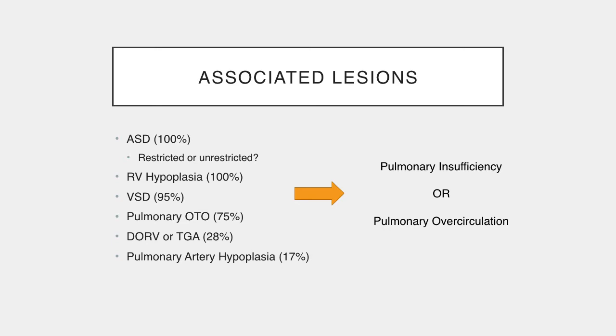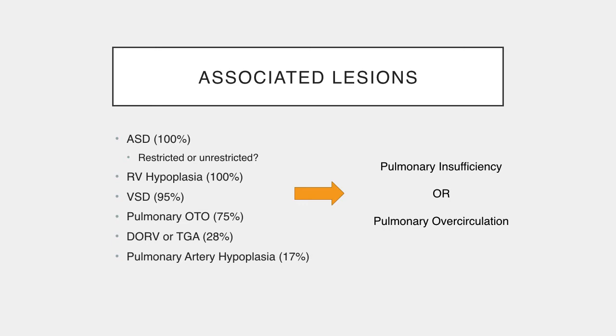And so really you have to have some degree of an ASD in this disease, or else you simply won't survive to birth. An ASD in this heart lesion may be restricted. It may be unrestricted. I think much more common to be unrestricted, because again, children often wouldn't survive to birth if they had a restricted ASD.